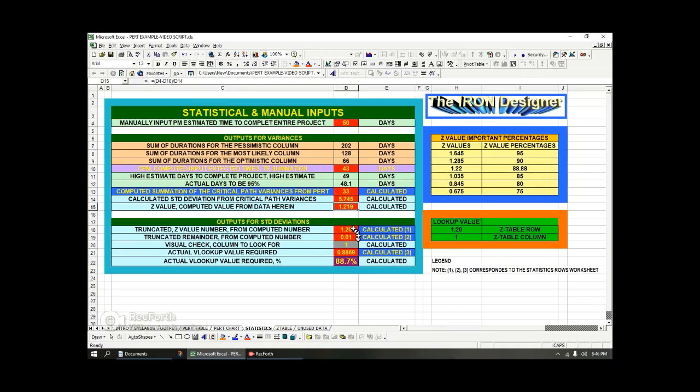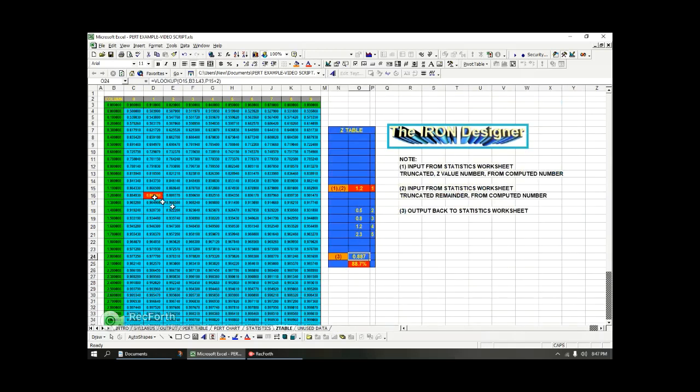This is just chopping up that number and dropping the 9. If you want to be more accurate and round up, you can do that in your chart. I decided to truncate it down because it's going to give me a lower percentage.